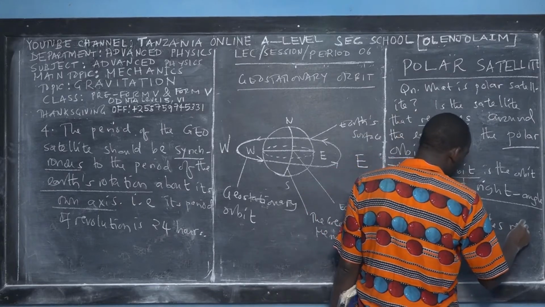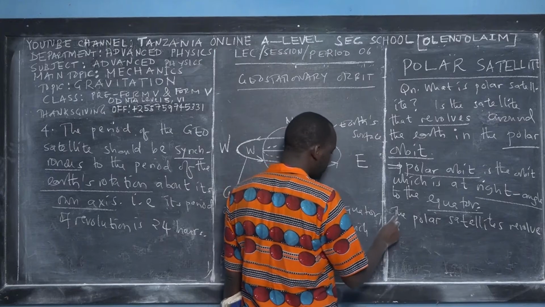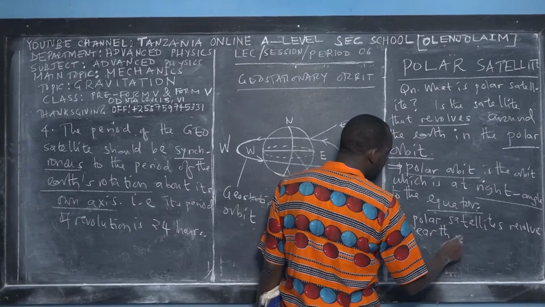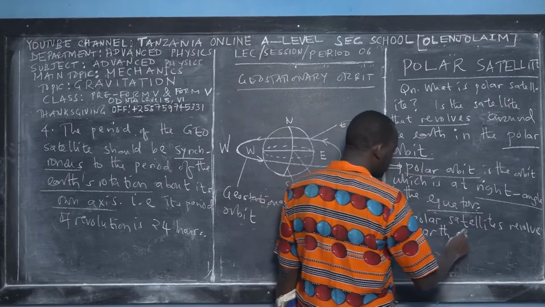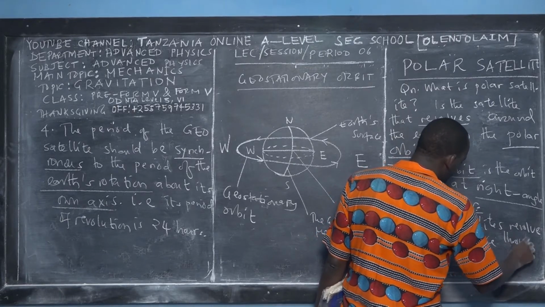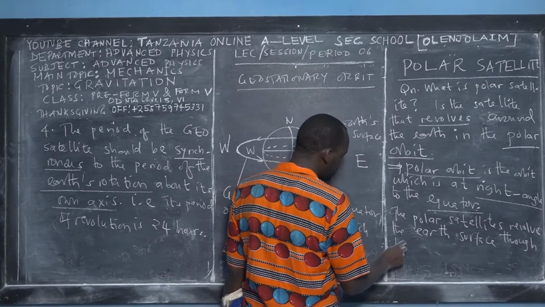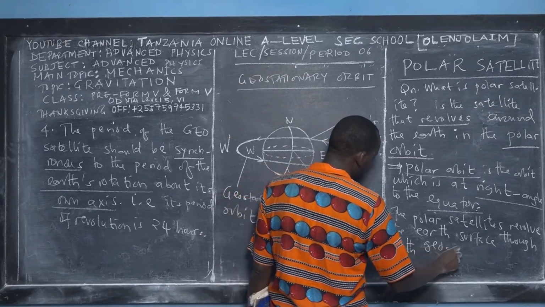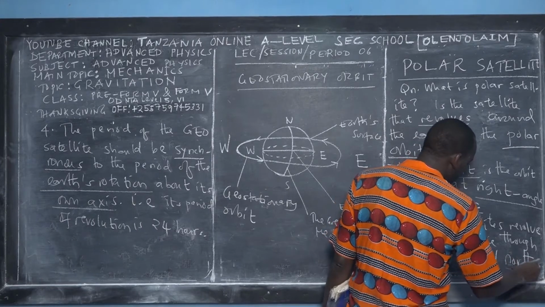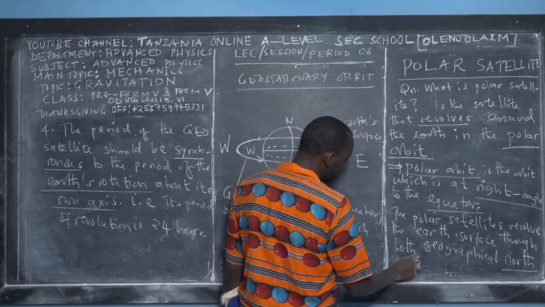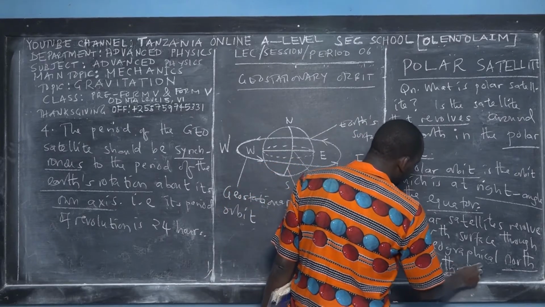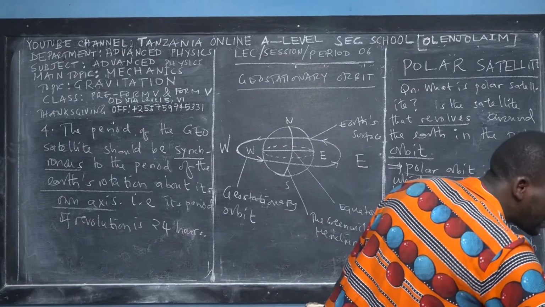Polar satellites revolve the S surface through the geographical north and south poles. That's why we call them polar satellites.